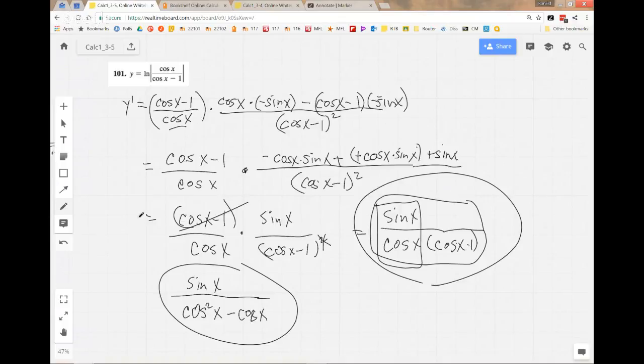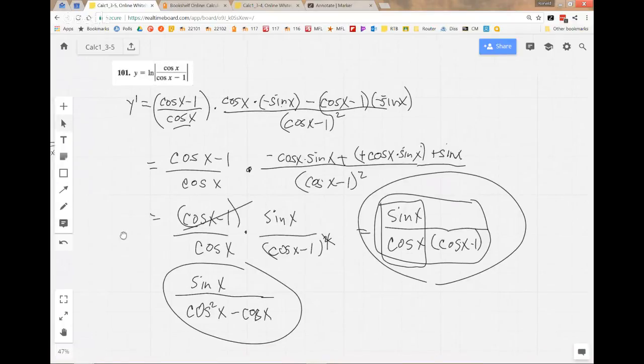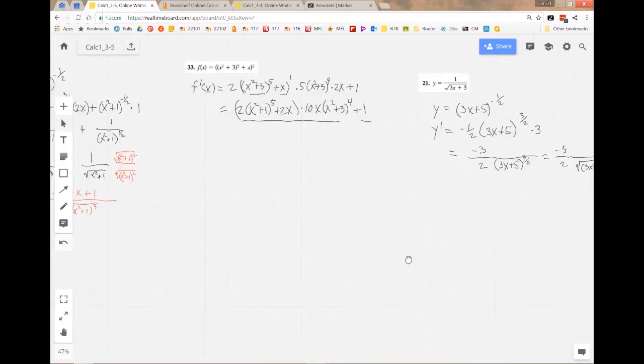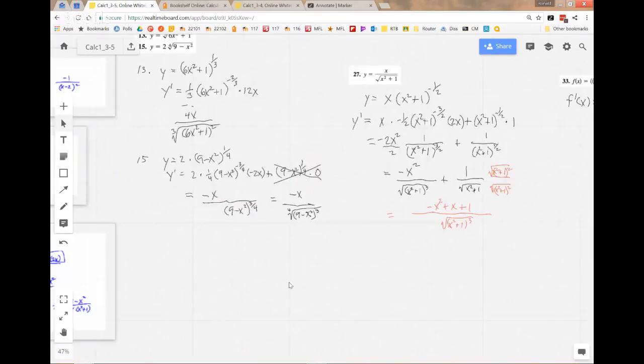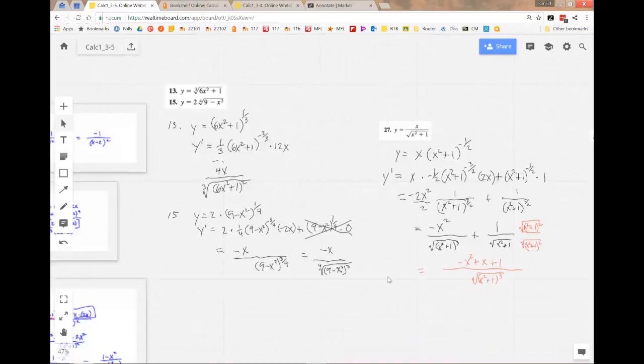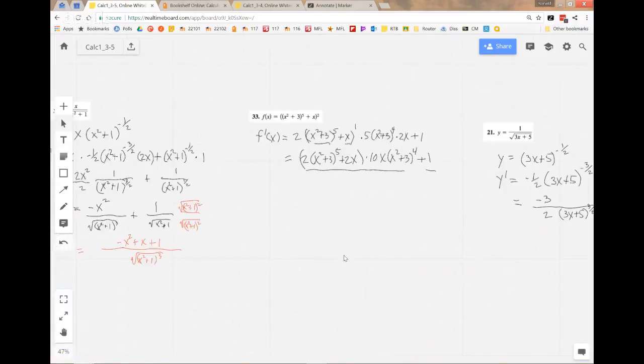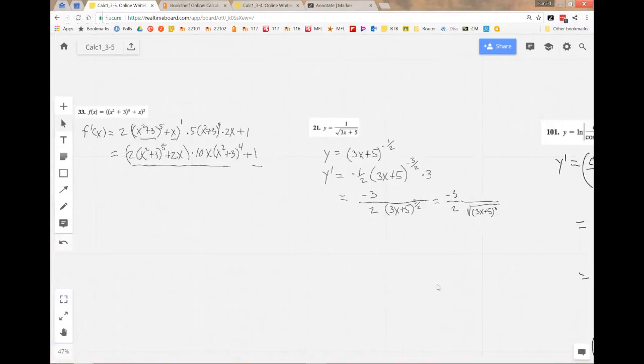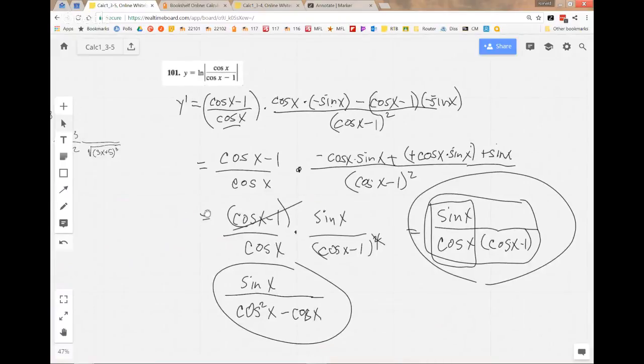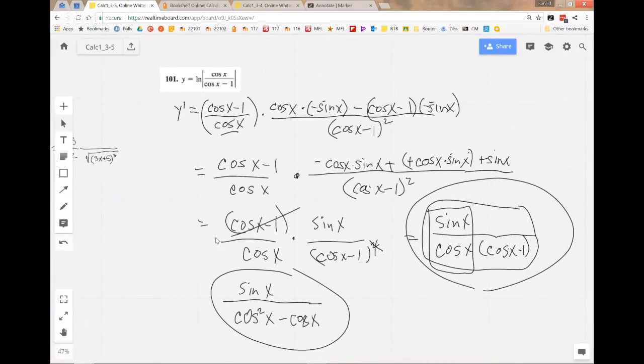So 103, did I do 103? Let's see, I can't remember. So Abby said she got a different approach on number 101, by separating the natural log into two parts.